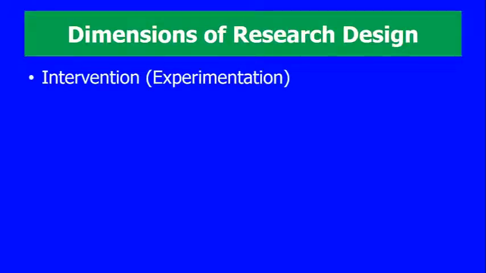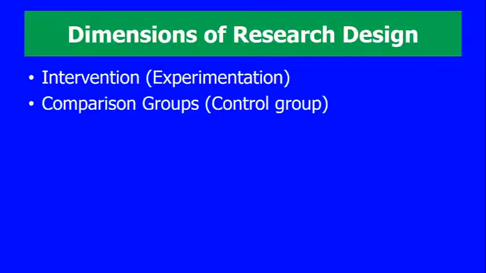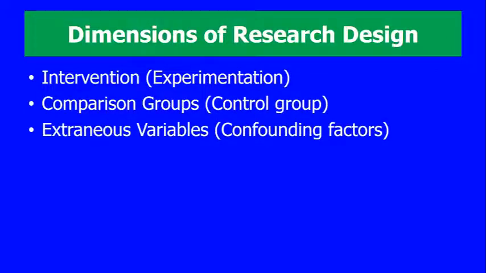So regarding the dimensions or characteristics that determine different designs, they include intervention. So whether in this study you are doing intervention or not, if you are doing intervention, then your research will be interventional. Comparison group is very important, okay? Whether you have a comparison group or just a study group.